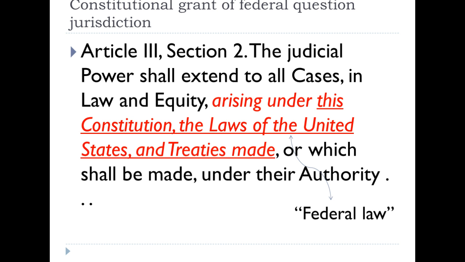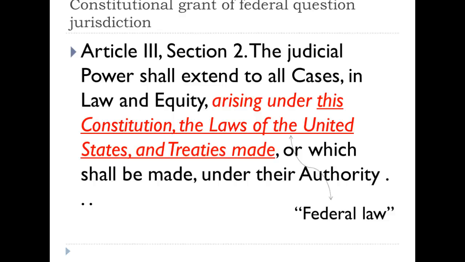So the very first sentence of Article 3, Section 2 of the U.S. Constitution reads, "The judicial power shall extend to all cases in law and equity arising under this Constitution, the laws of the United States, and treaties made, or which shall be made, under their authority."